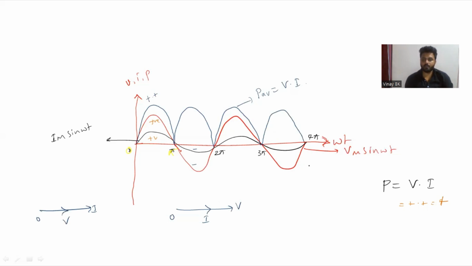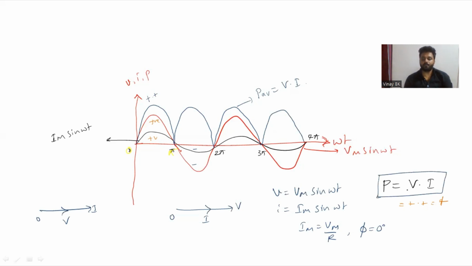Again you should remember, V is given by Vm sine omega t, and I is given by Im sine omega t, where Im is given by Vm divided by R. The phase angle is always 0 degrees, and power is given by the RMS value of voltage and the RMS value of current. So this is the explanation of AC through pure resistor.